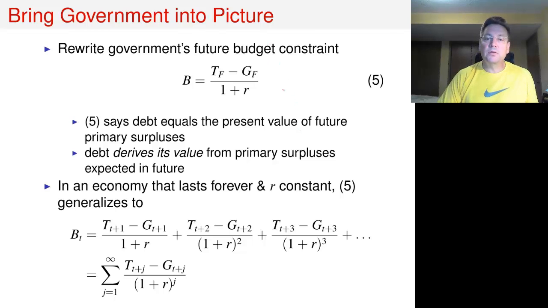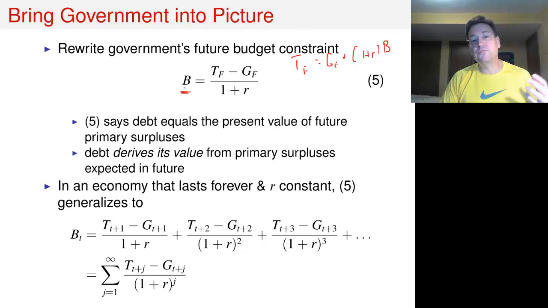Okay, now we can take that budget constraint in the future, which we wrote as TF equals GF plus 1 plus R times B, and just rewrite it. And what you see is that the value of debt, remember that this is the debt that is sold in the first period, in the initial period today, that value is determined by the primary surplus divided by the interest rate.